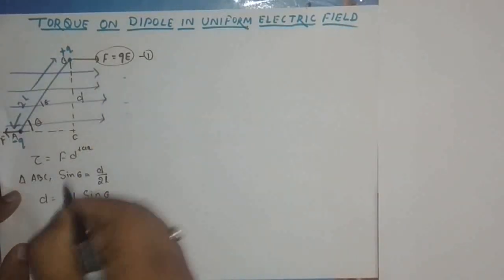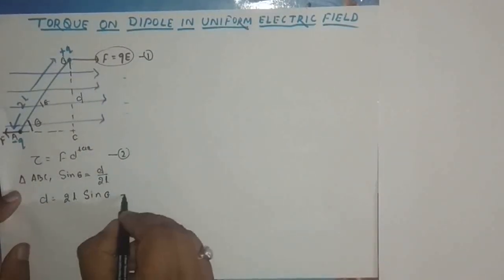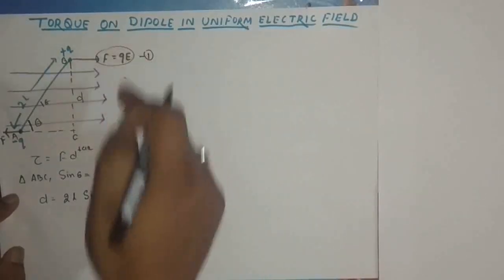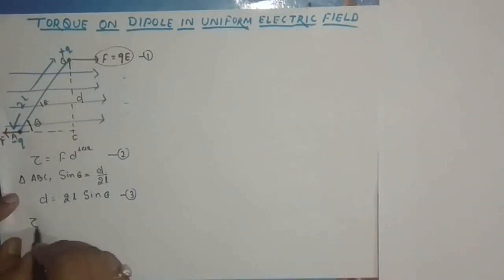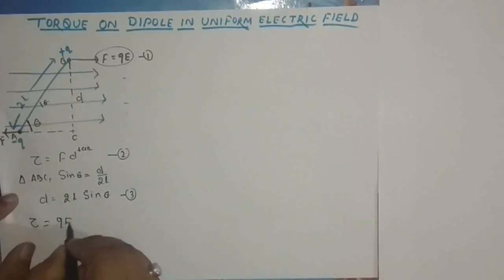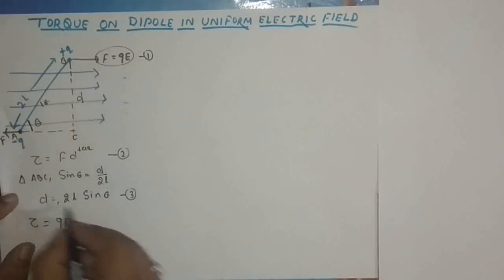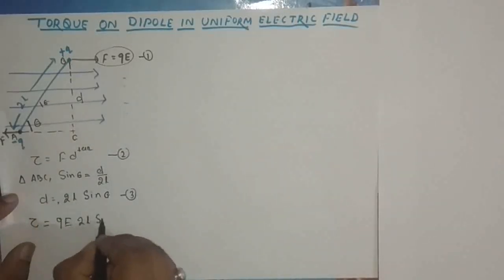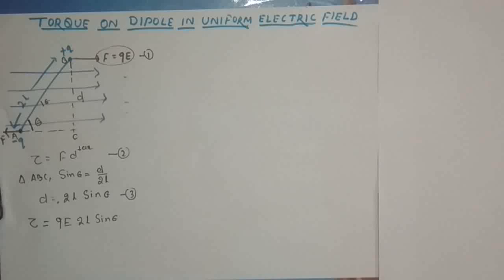Mark it equation 1, equation 2, equation 3. So from equations 1, 2 and 3, tau is equal to force, that is qE, times perpendicular distance, that is 2L sin theta.